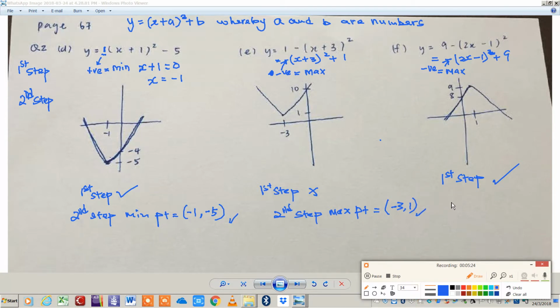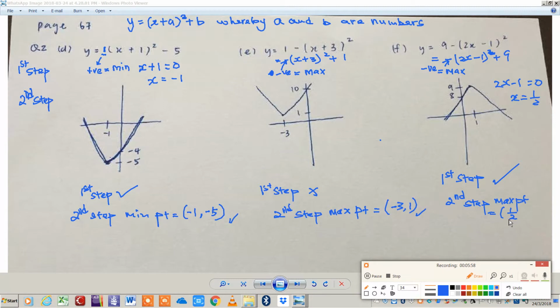Okay. Now, second step for the third question is a maximum point. Okay, let's look at what you have. This is 2x minus 1 equal to 0. Therefore, x equals half. Okay, so this point is supposed to be half.